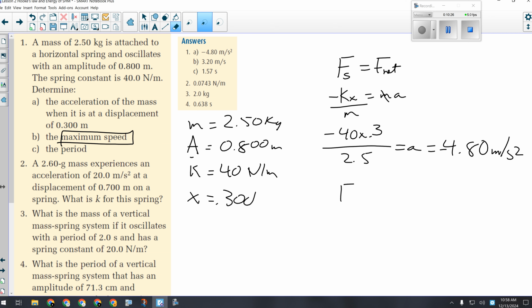So part B ends up being one of these, just like the first one that we did. We'll have 1/2 Ka squared equals 1/2 mv squared, and that'll be the maximum, right? The halves will cancel, and then we'll divide by m and square root to get our maximum speed there.